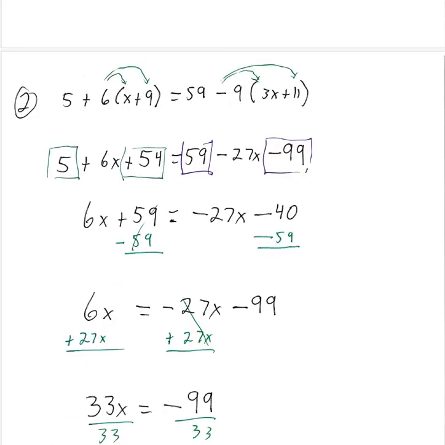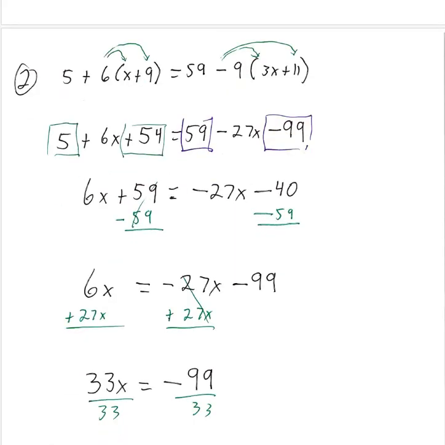Okay, this one is very similar to that scary problem I gave you that you sort of solved at the end of the night. It said 5 plus 6 times the quantity x plus 9 equals 59 minus 9 times the quantity 3x plus 11.